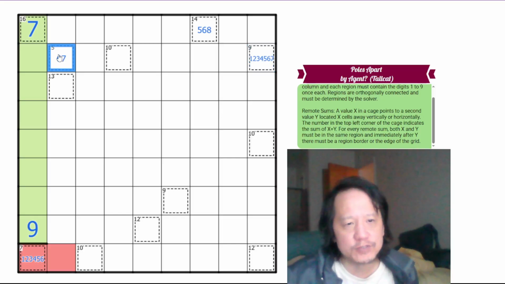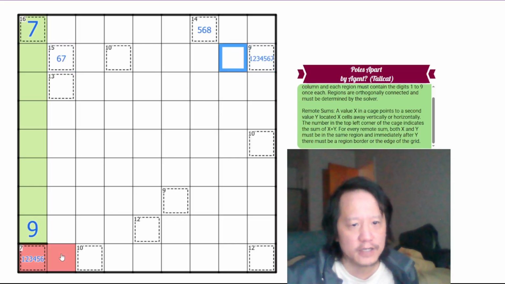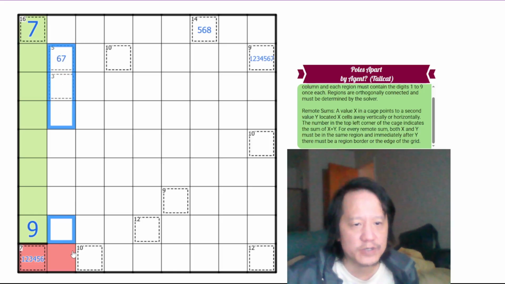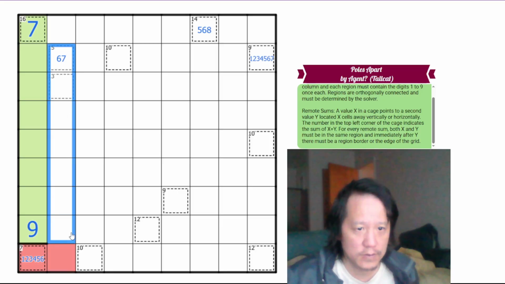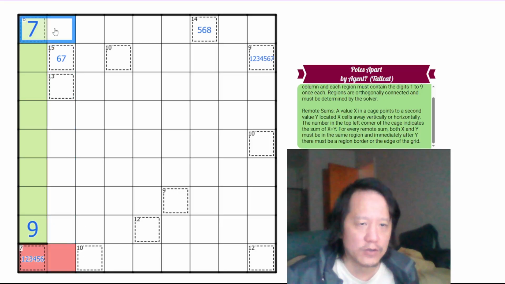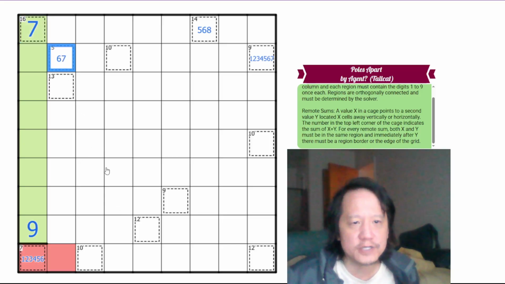So if this was 6, this has to be 9 here because it can't be here. If this is 7, it has to be 8 here. And then green would have to go that way. That's interesting. Oh, that doesn't work. Say this is 7.